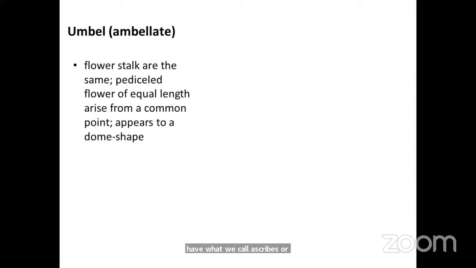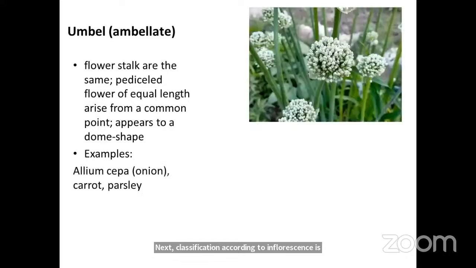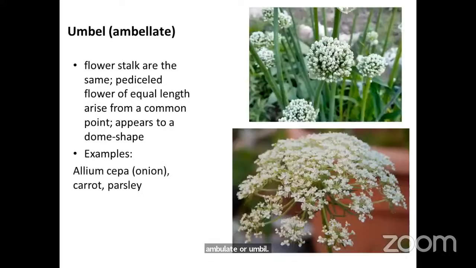Next, the classification according to inflorescence is umbellate or umbel. This is how it looks. In an umbel flower, the stalks are actually equal, and the pedicels of the flower are of equal length, arising from a common point of origin.